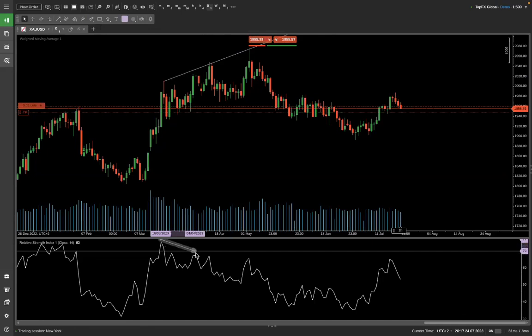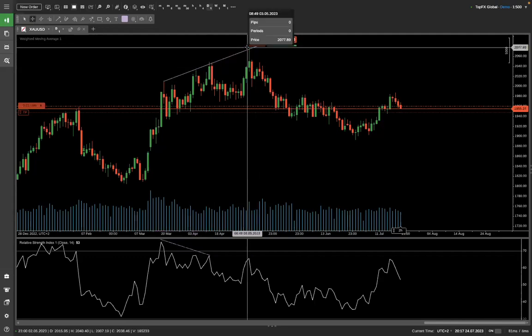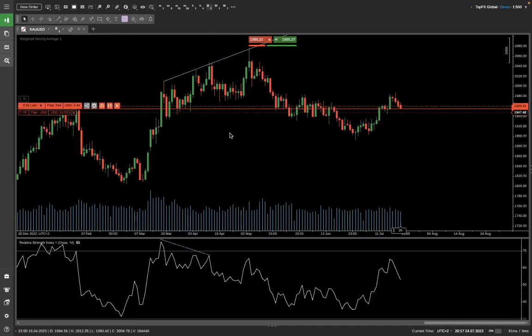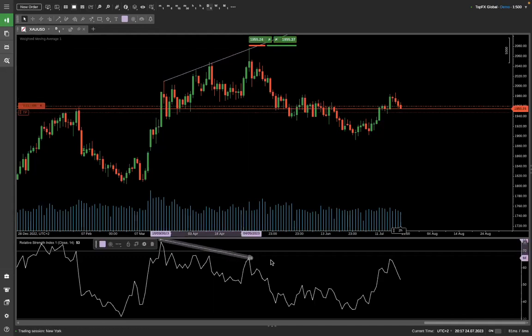It goes lower. You can see it here. And then the price is going even higher. Look at the RSI. RSI is going lower. The price is consolidating, even higher here, towards the level of 2077. Okay. What is the RSI doing? Going even lower.